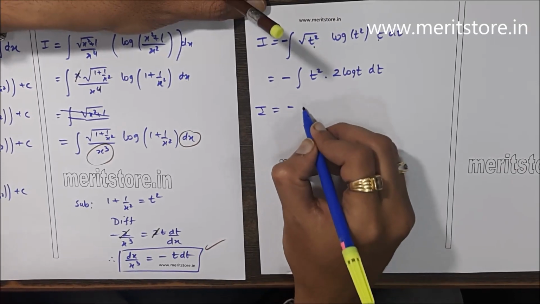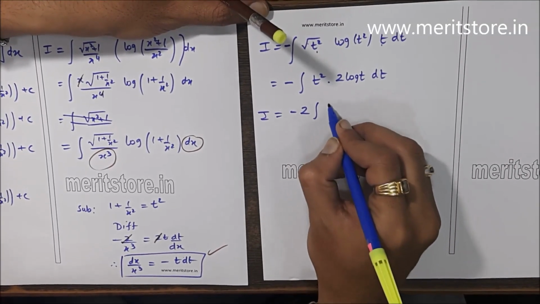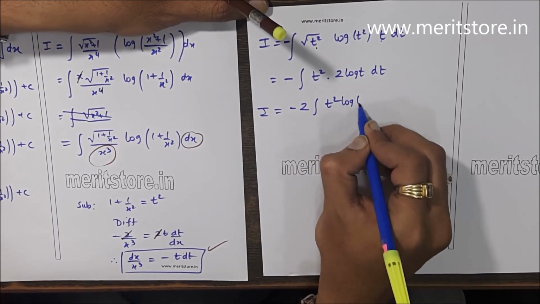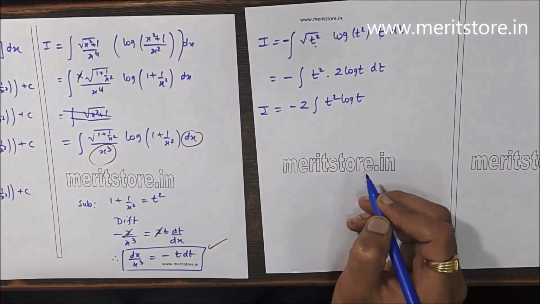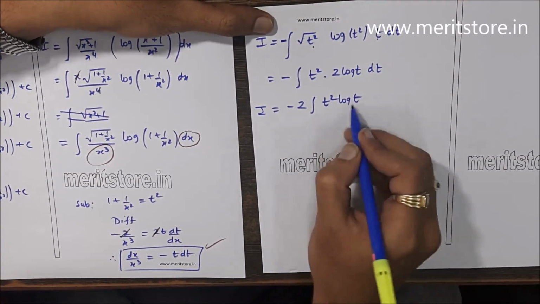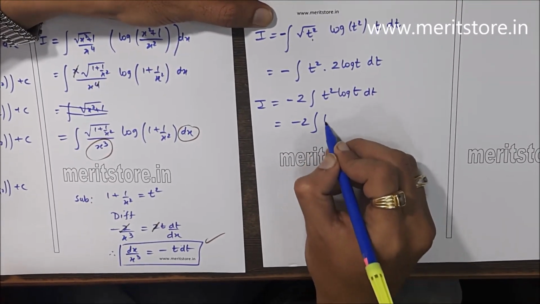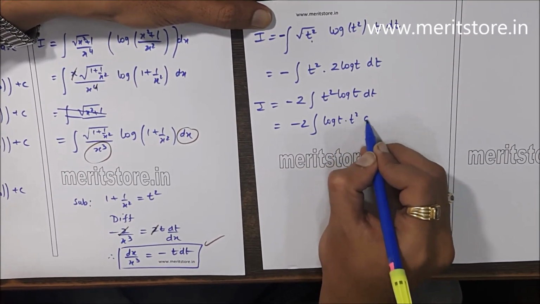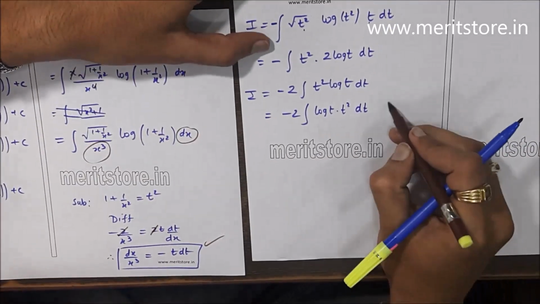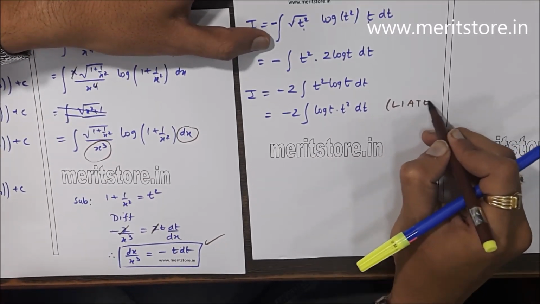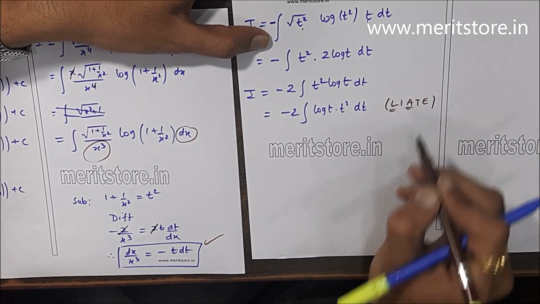Integral of minus 2 integral of t square log t. Now this is of the category u into v, in the order of LIATE, restructuring it as log t into t square dt. Of the LIATE term, I have the logarithmic and the algebraic term with me.